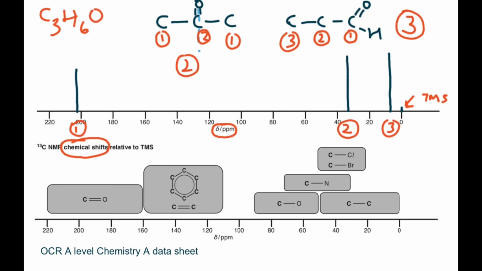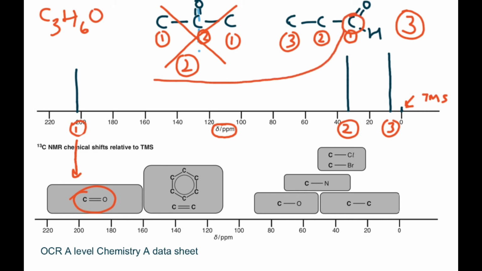Therefore, this spectrum cannot be propanone because propanone has got 2 carbon environments. This spectrum must represent propanal. When we look more carefully, we can see at just above 200 ppm that is a C double bond O. So this carbon, carbon 1, has made that peak.